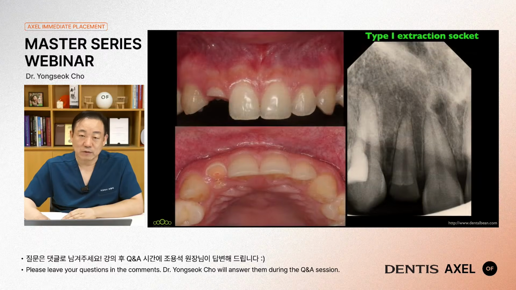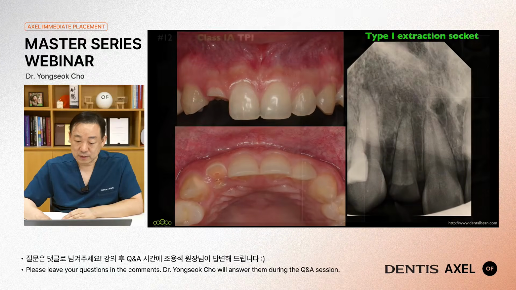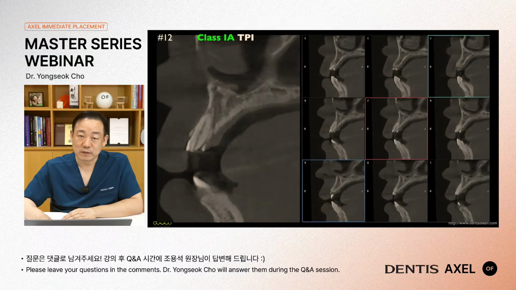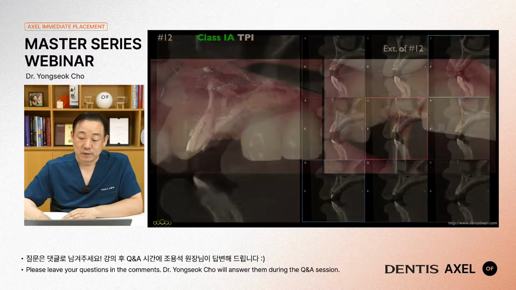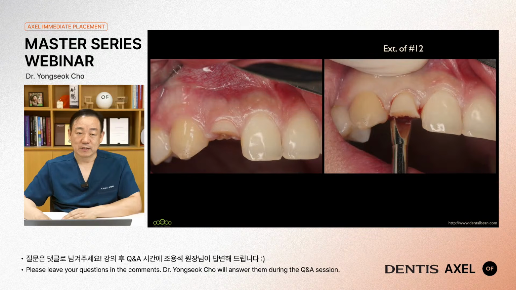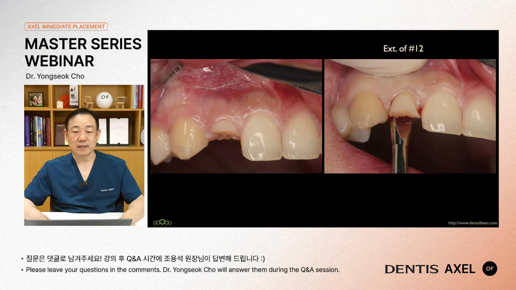It is a type 1 extraction socket, and the TPI was class 1A. So this is not so difficult a case. We can easily make access toward the cingulum, but the lateral incisor has a relatively thin bone width.